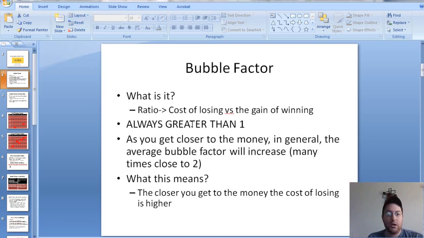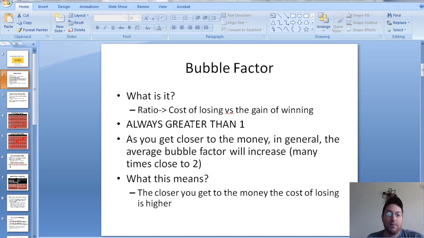So essentially, the cost of losing chips is worth more than the gain of winning them, and that ratio will gradually start increasing. So it always starts more than 1, if you were to make the fraction of the cost of losing versus the gain of winning.